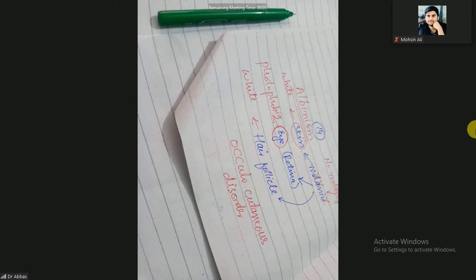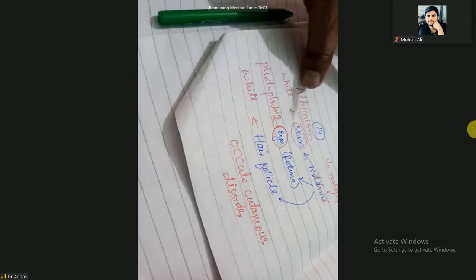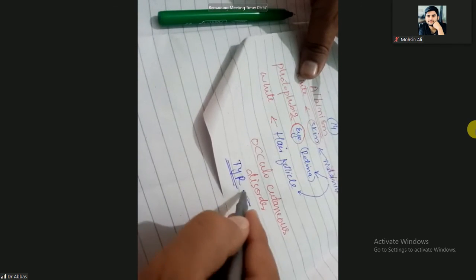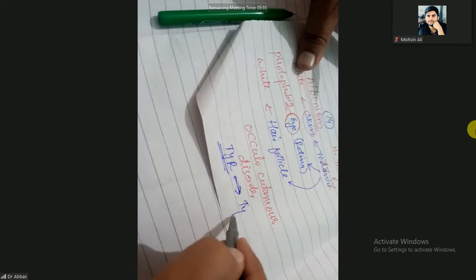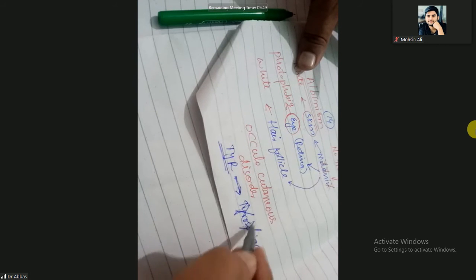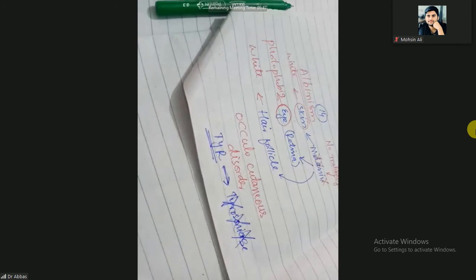So what is defective here? Actually, here the TYR genes are responsible for tyrosinase. In these genes, there will be no tyrosinase. When there is no tyrosinase, tyrosine will not convert into dopa, and dopa will not convert into melanin finally.